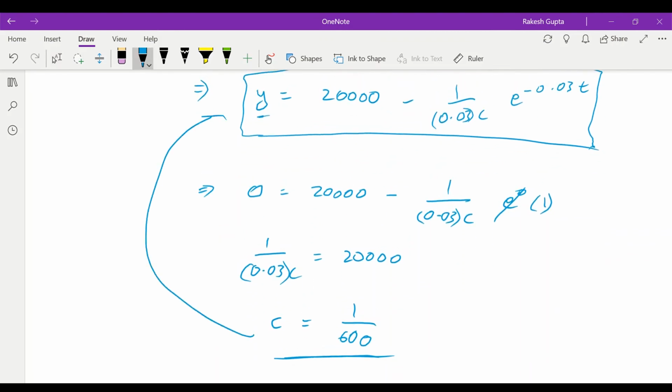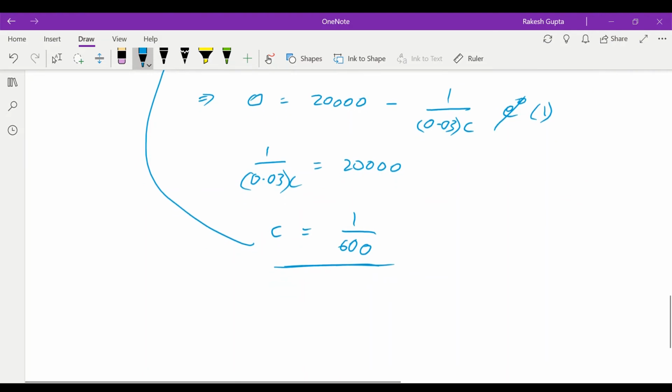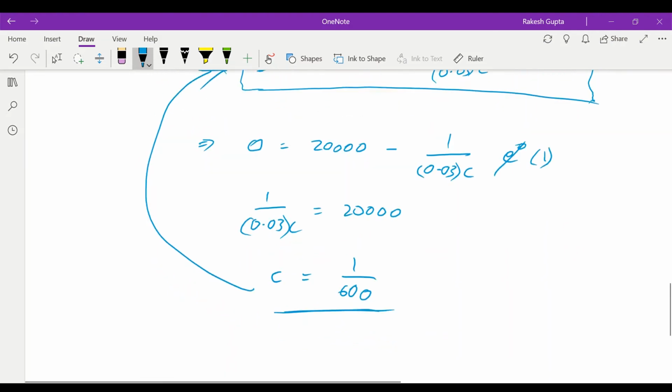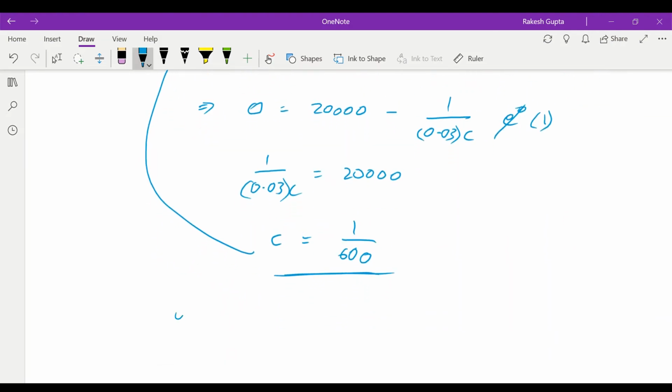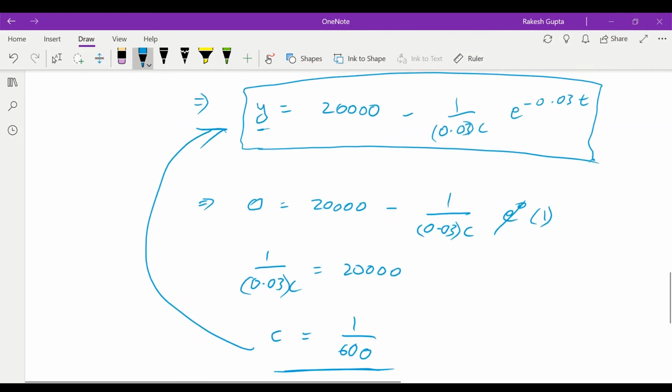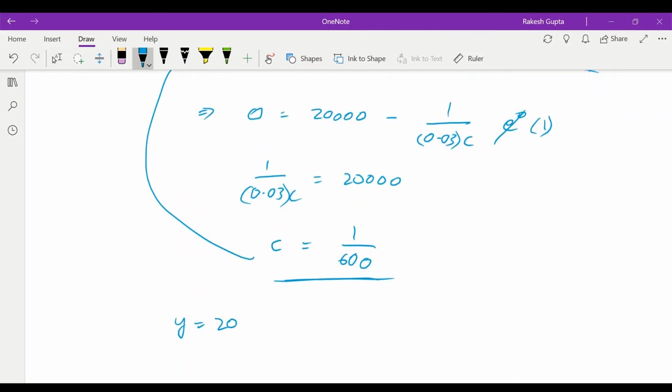We get 0.03 multiplied by 1 by 600, and the 600 is just going to go to the numerator.